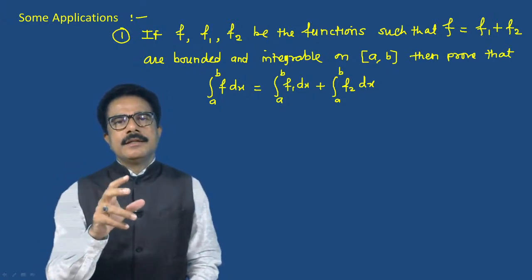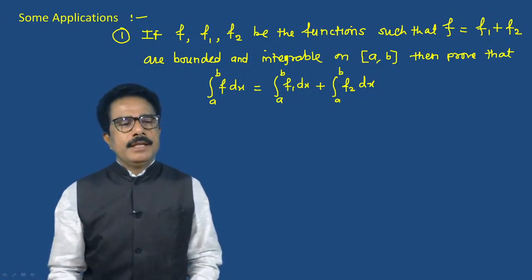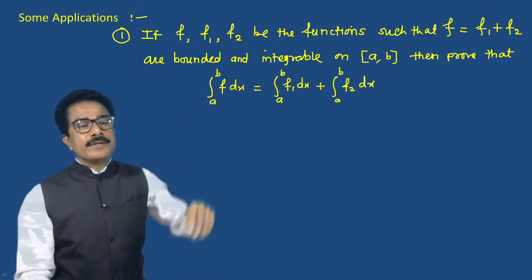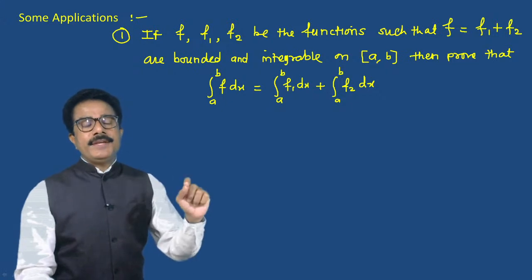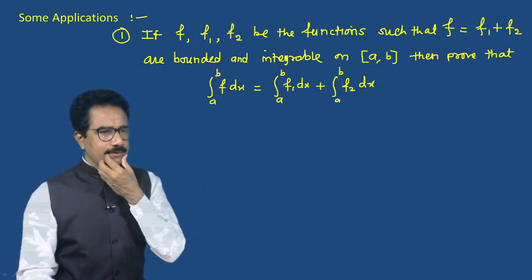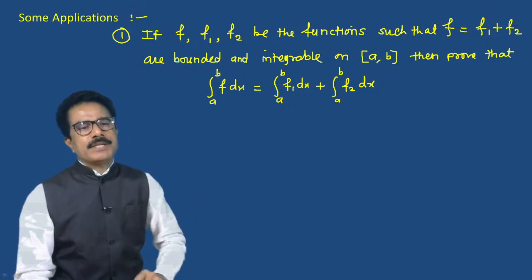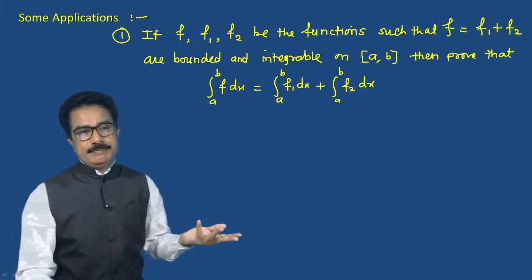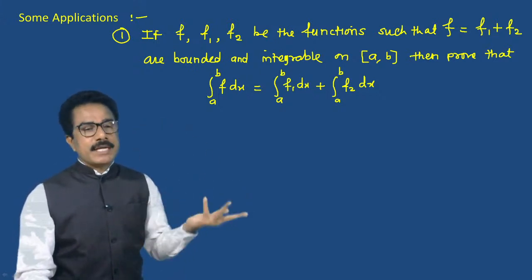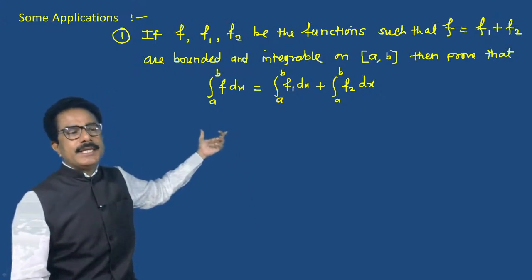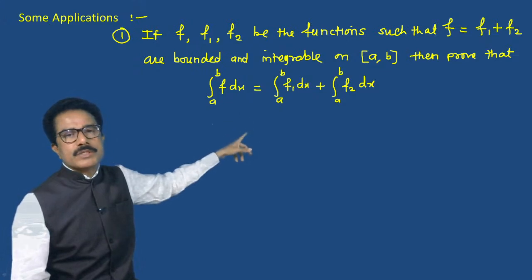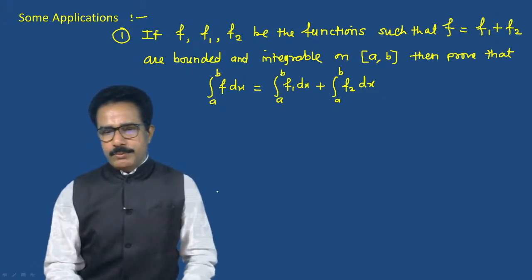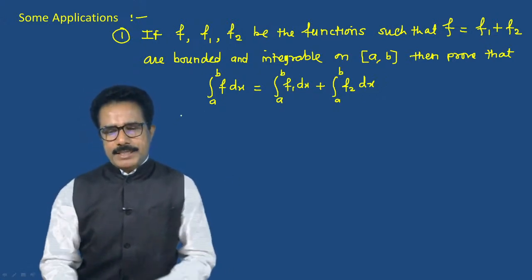If f1, f2 and f are three functions such that f is the addition of f1 plus f2, where f1 and f2 are bounded and integrable, then we have to prove that f is also bounded and integrable such that the integral from a to b of f dx equals the integral from a to b of f1 dx plus the integral from a to b of f2 dx. Now we shall start the proof.